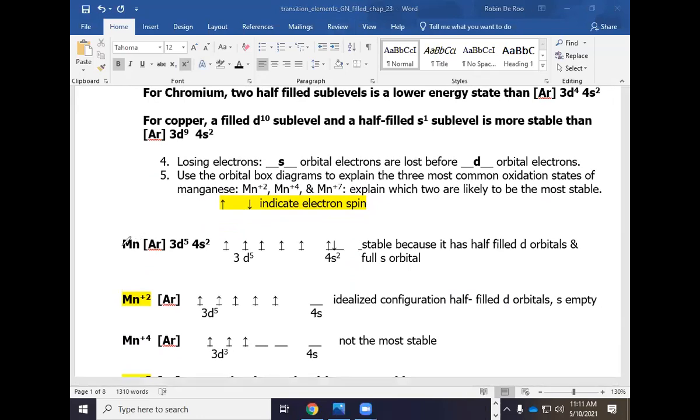If we go back to the Mn and have to take away 4 electrons, that's how we get from the atom to the Mn plus 4.